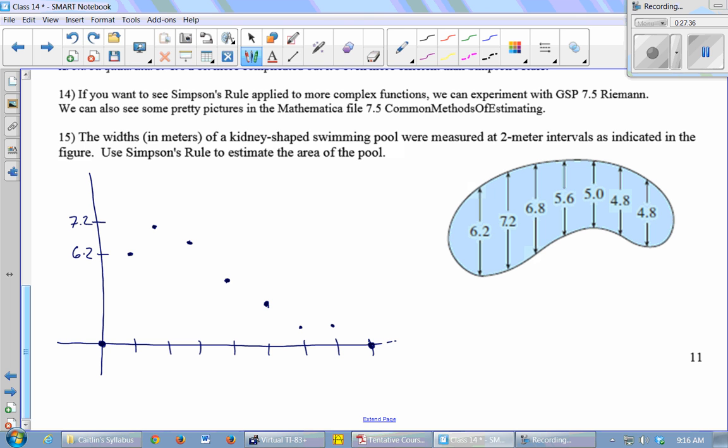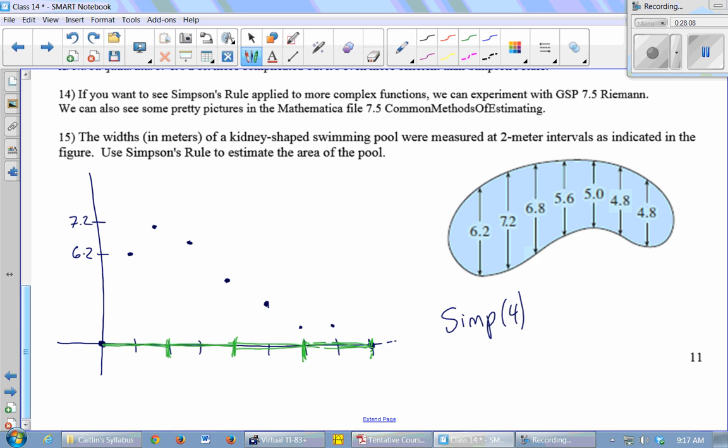Let's see, because it just says use Simpson's rule. It doesn't say how many intervals I have to use. So if I make my intervals 4 meters, I've got 1, 2, 3, 4 intervals. If I want to find Simpson's with 4 intervals, I need to use trap and mid with 4 intervals.